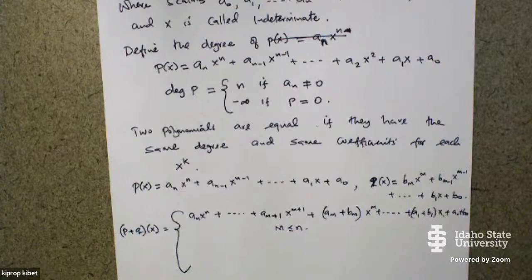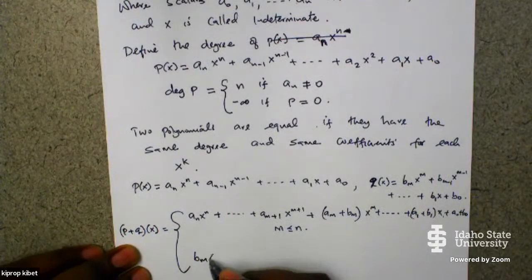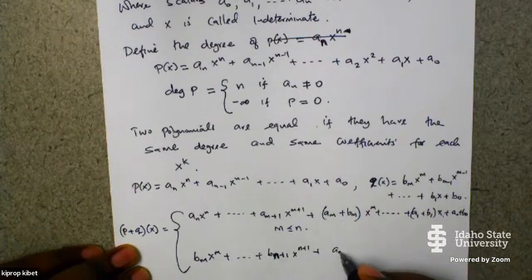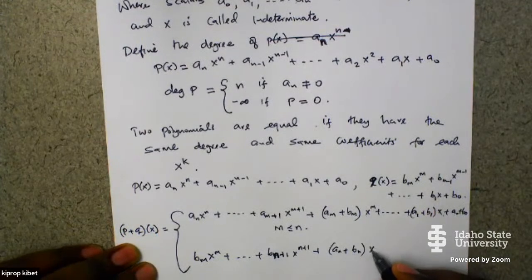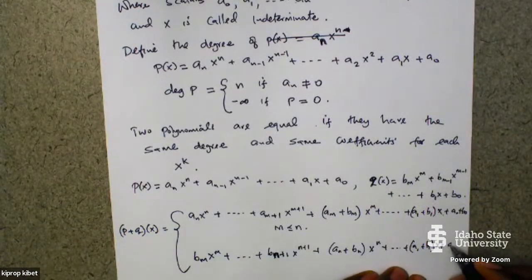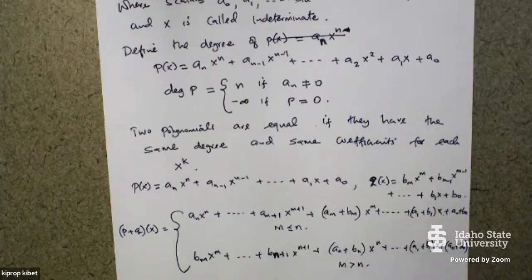Now, when m is greater than n, we can still write this as b_m x^m plus b_{n+1} x^{n+1} plus (a_n plus b_n) x^n plus (a_1 plus b_1) x plus (a_0 plus b_0), where m is greater than n.